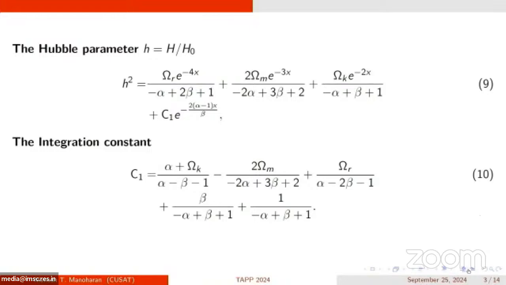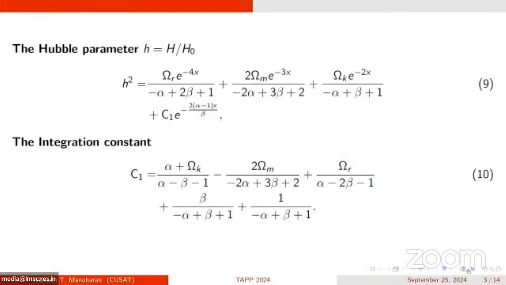And if you are interested in a non-flat universe, you can also have the curvature part there. But there are special cases. For example, if you take beta to be 2/3 times alpha, then interestingly, the matter term decouples from the definition of the dark energy. And if you take beta to be alpha/2, then the radiation term decouples, and so on.